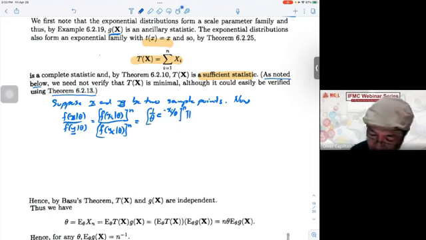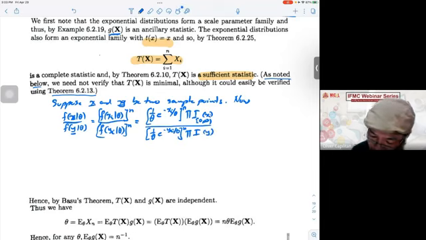Then we have the product of the indicator functions 0 to positive infinity over 1 over theta e to the negative y sub i over theta raised to n. We have the product of the indicator functions of x sub i, y sub i, 0 to infinity.